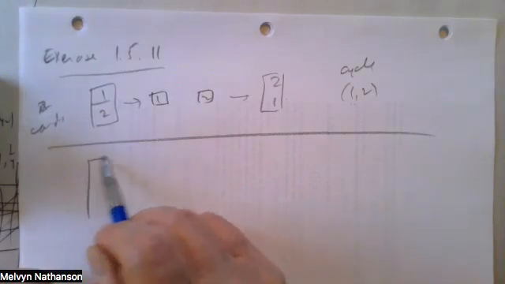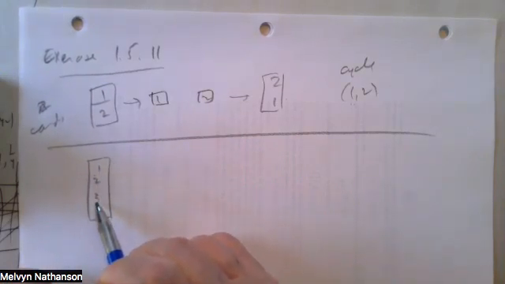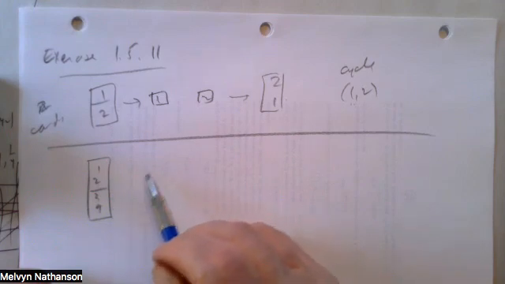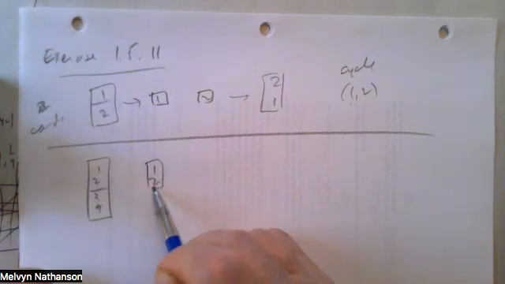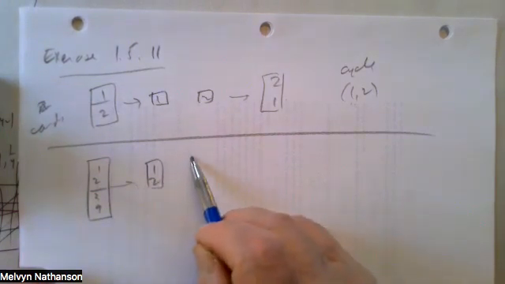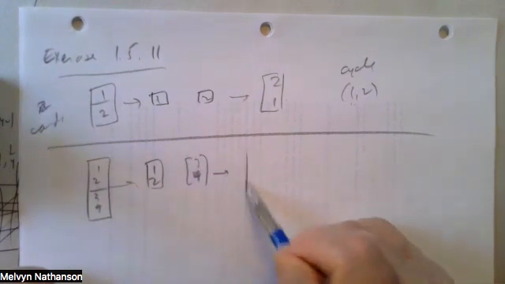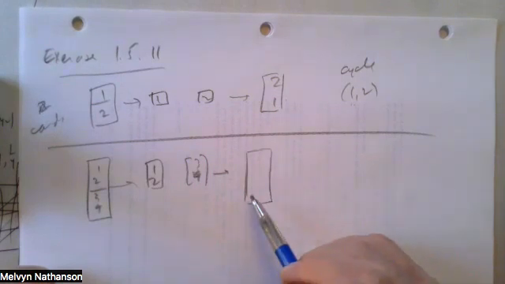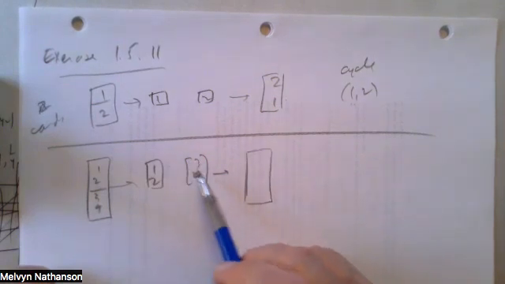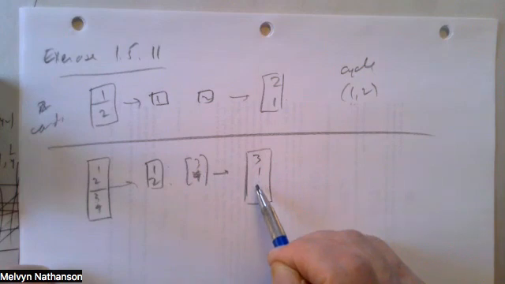Suppose I have 4 cards. If I cut it in half, I have 1, 2, and 3, 4. And when I put them back together, when I shuffle them, right, left, 3, 1, 4, 2.